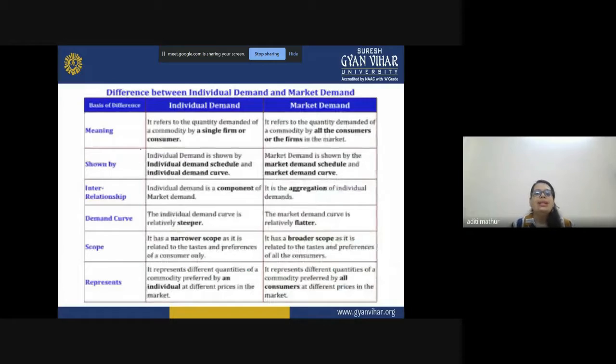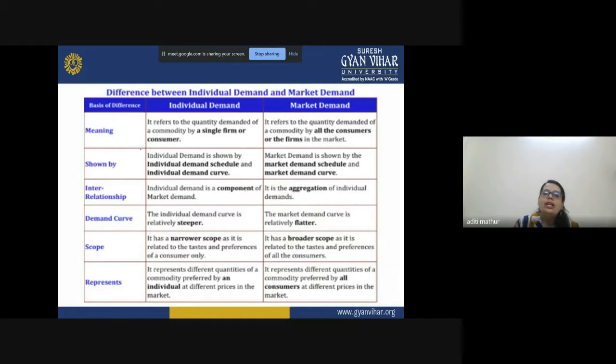So now let us see the difference between individual demand and market demand. Individual demand refers to the quantity demanded of a commodity by a single firm or customer, whereas market demand refers to the quantity demanded of a commodity by all the firms and all the customers in the market.